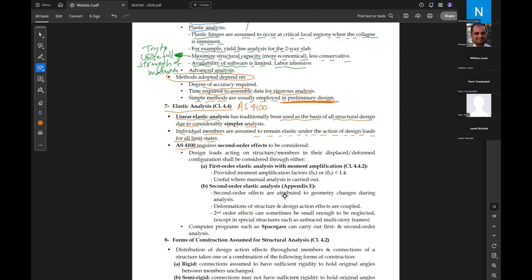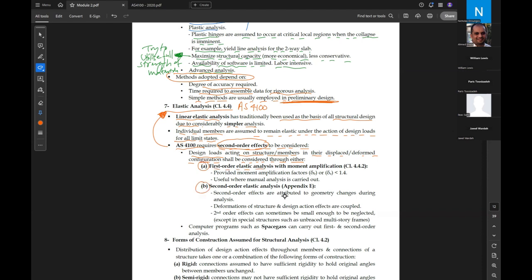The Australian Standard requires second order analysis to be considered in some cases. So the second order effects are included in the elastic analysis. The design loads acting on the structure members in their deformed configuration shall be considered through either of two methods.